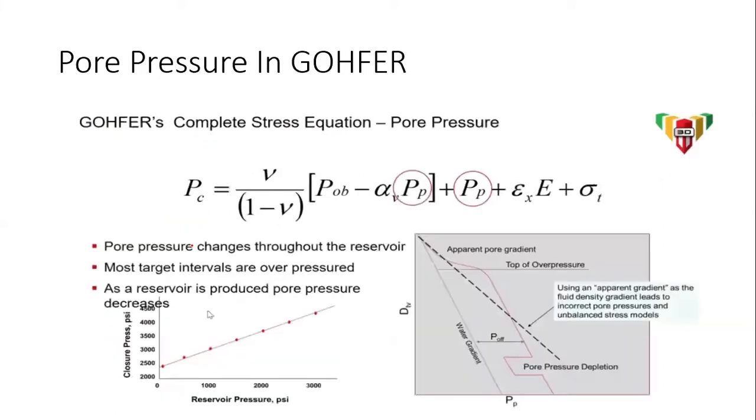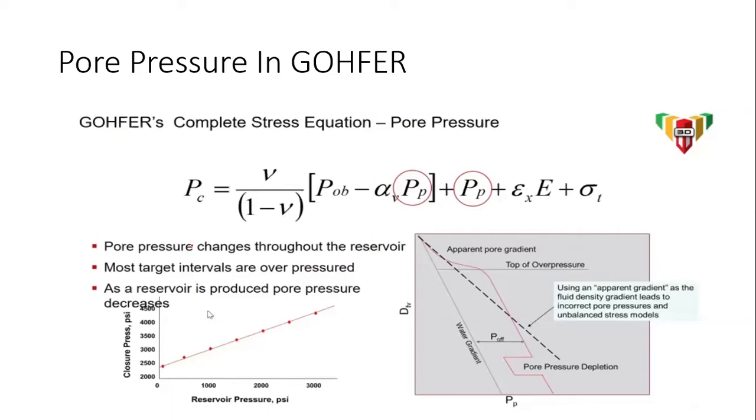GOHFER simply assumes the vertical stress with a constant gradient. We can adjust this gradient to be between 1 and 1.1, and assume reservoir pressure with the simplest pore pressure model, with hydrostatic gradient 0.433.